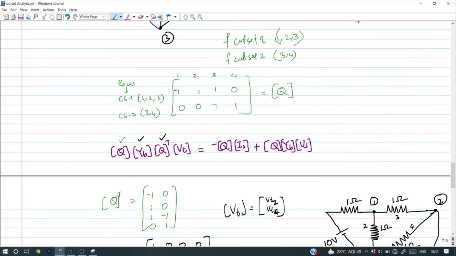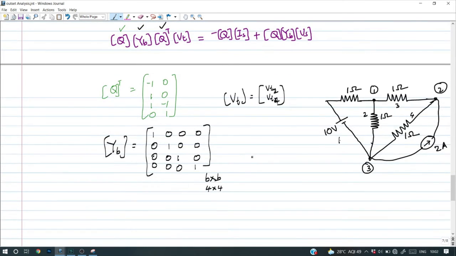Then Q is known to us. IS we need to build. How to find out IS? The IS matrix is again a column matrix with size branch by 1. Here the size is 4 by 1. So here twig by 1. How many twigs are there? 2 twigs are there, 2 by 1. So IS. In the first branch is there any current source? No. Second branch, is there any current source? No. Third branch?